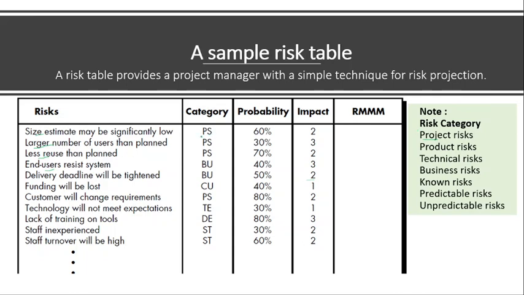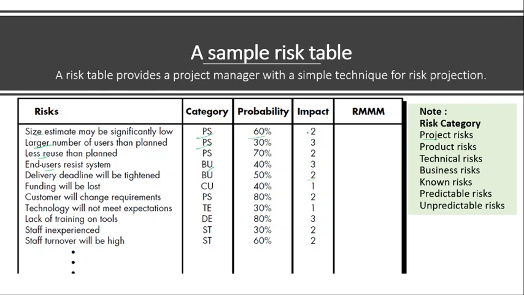Here also, the project risk is given as the project size, or the product risk is given, and BU for the business risk. Supposing here we have a product risk of, say, 60%.